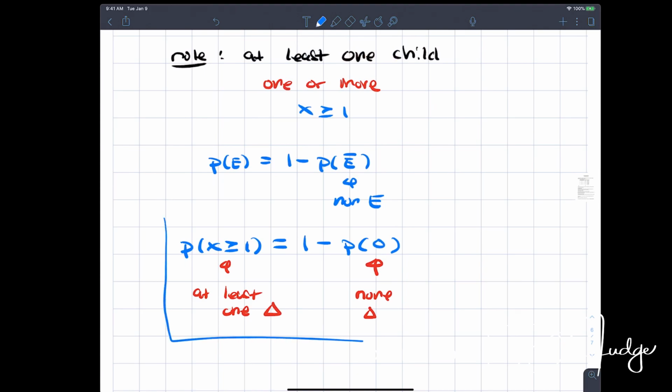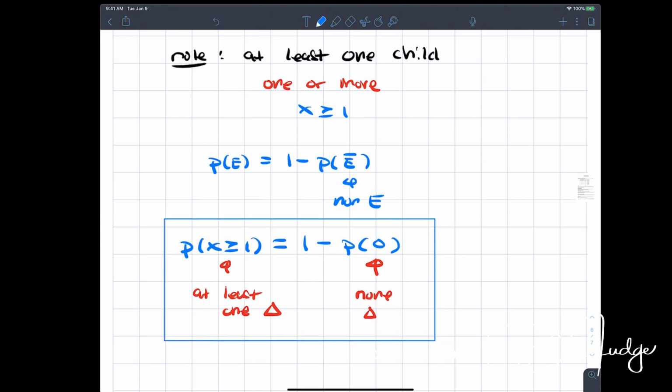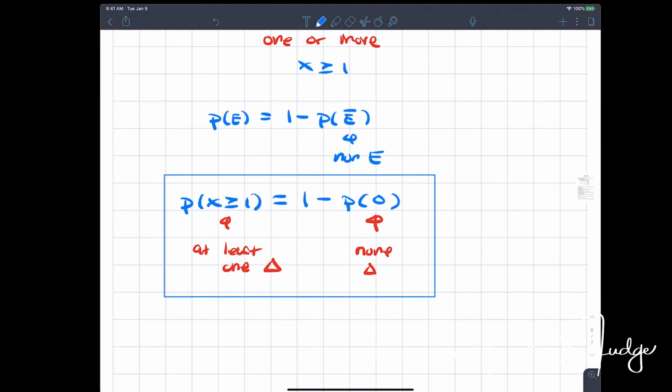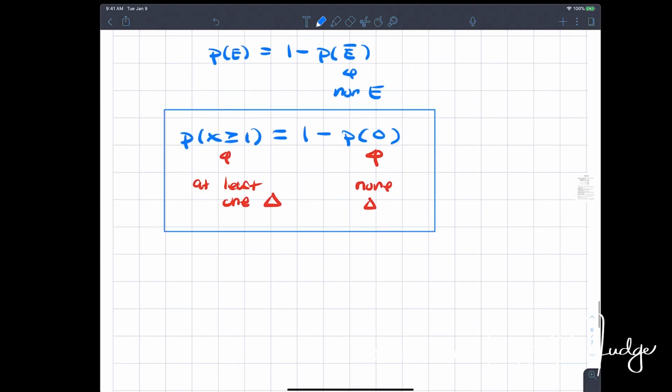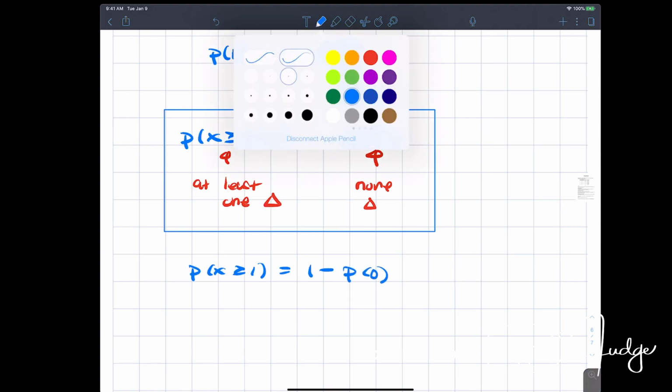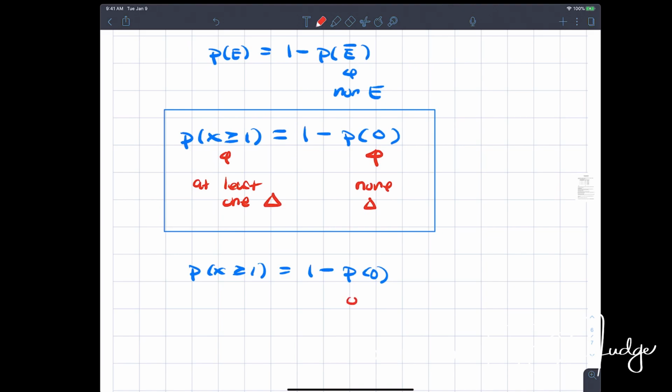So, I'm going to say to you guys, this complement rule is going to save your life, ladies and gentlemen. And so we could have said the following here. Here's what we could have done for question 1. That's 1 minus P of 0. And you say, well, what was P of 0 here? Do you guys remember P of 0? That's 0.375.